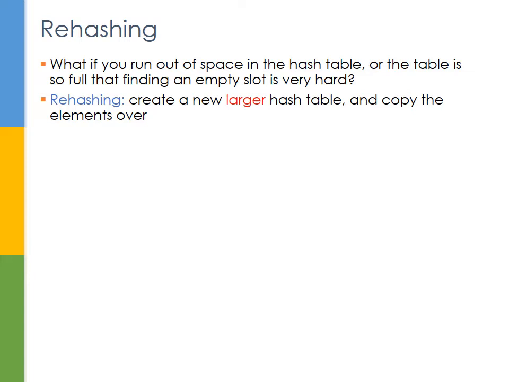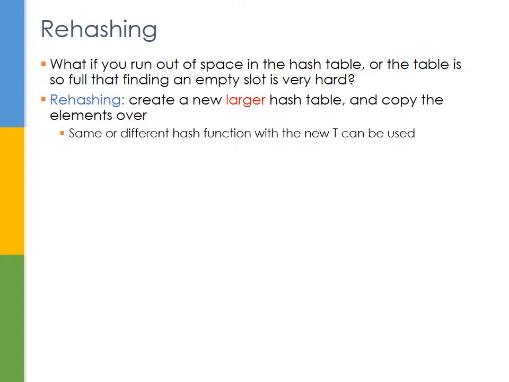So, like I've said, if you realize that collisions are just unbearable, the easiest solution is to simply create a larger table and rehash all the values from the old small table into the new large table. The cost of the operation is obviously O(n), so you will use as many operations to copy the values over as the number of values that you are storing in your small table.